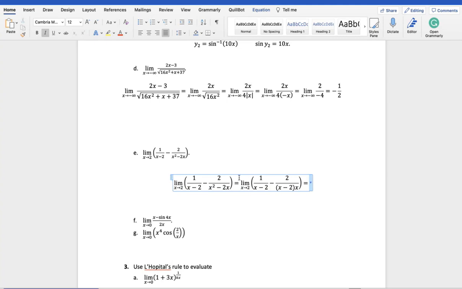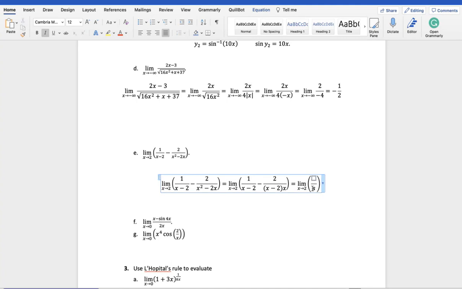And when you put it to the same denominator now, the common factor in the denominator will be x minus 2 multiplied by x.